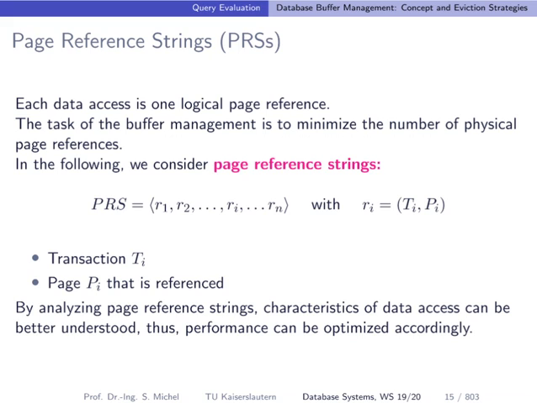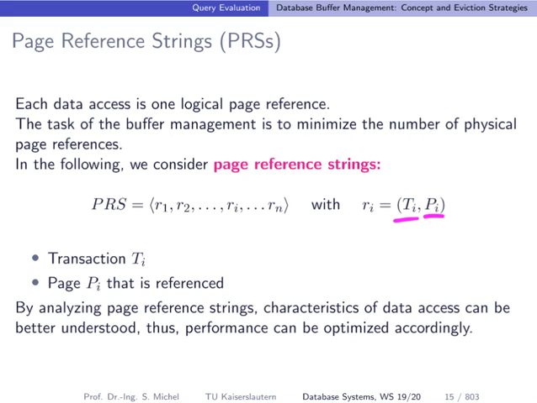So a page reference string is a sequence of entries Ri, whereas every Ri consists of a transaction identifier and the page identifier we want to access or reference. This only tells us what we want to access, or which transaction wants to access which page.